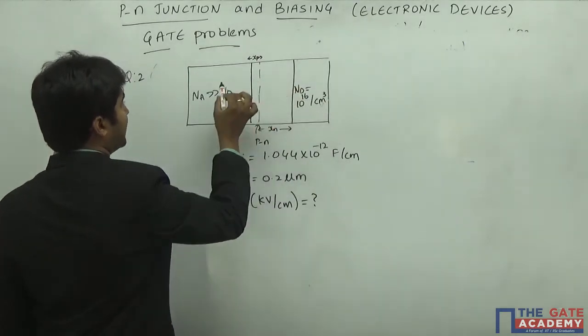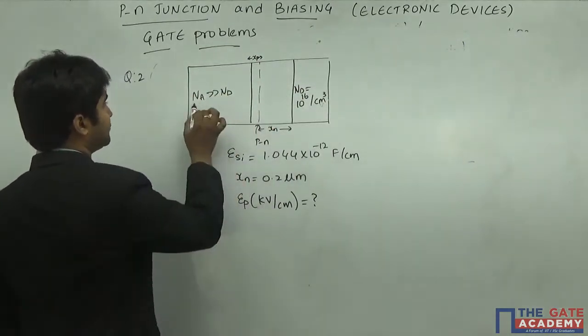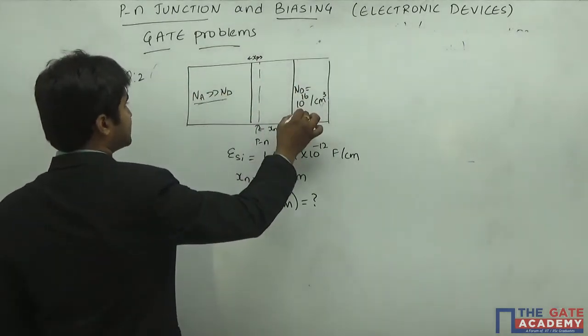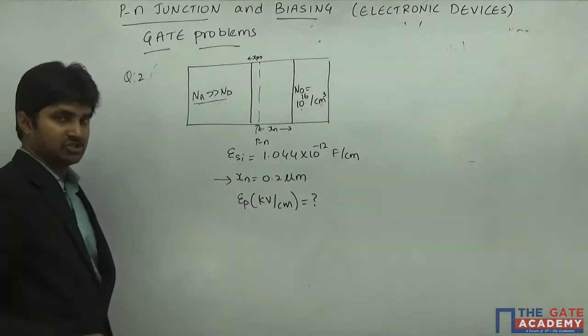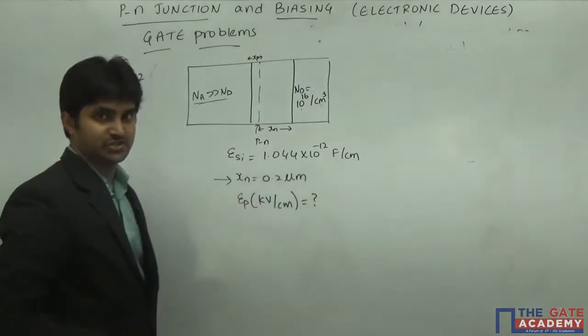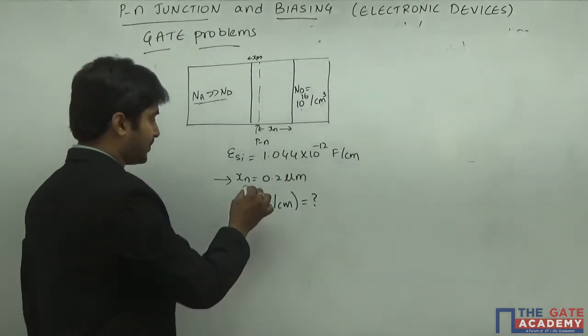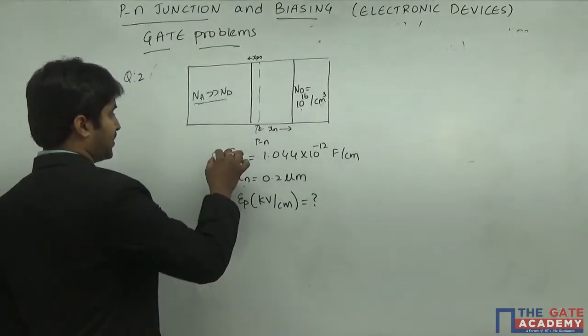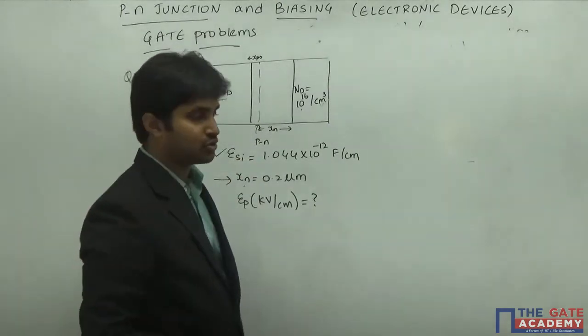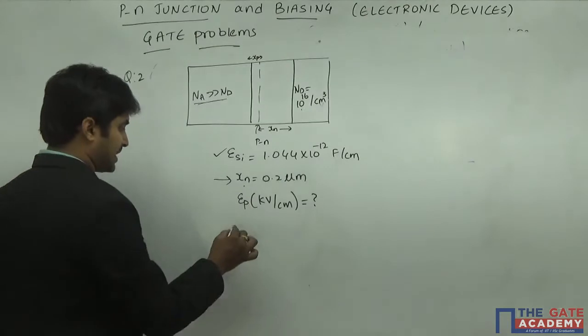The N region is slightly doped when compared to the P region. That is visible here. So Nd is given as 10 power 16 per centimeter cube. The width inside the N region is given as 0.2 micrometers, and the permittivity of silicon is also mentioned in the question. So what we have to find is the peak electric field.